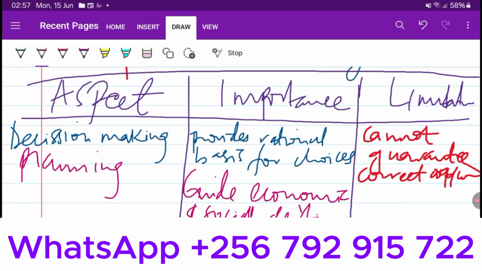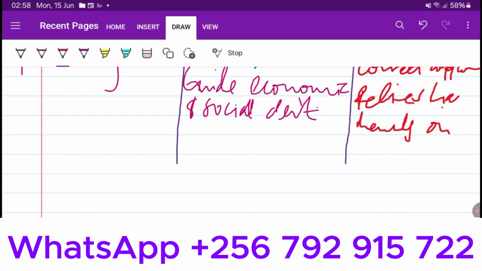Now, limitation. For planning to be effective, we need to make sure that we have used correct information. So this one relies heavily on accurate data.